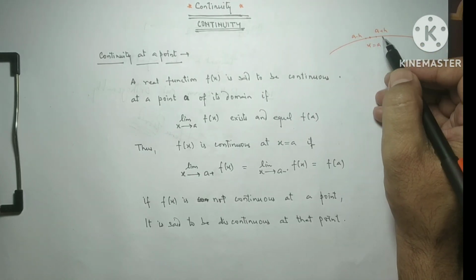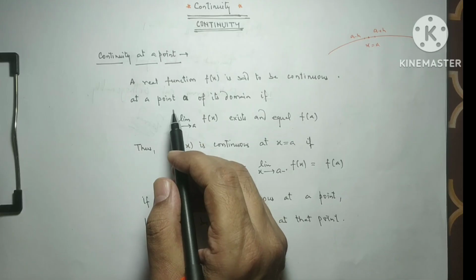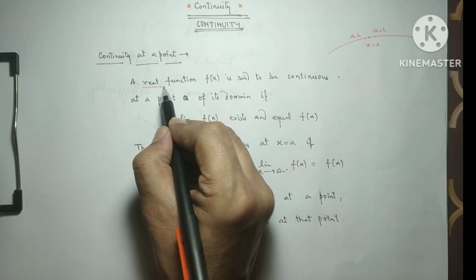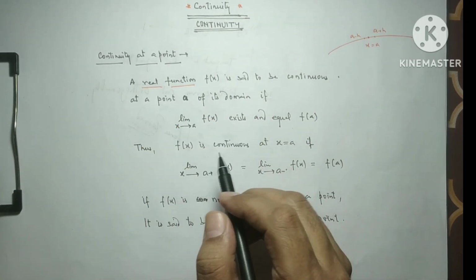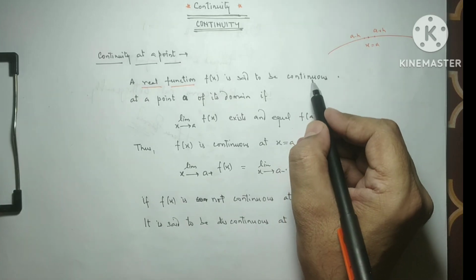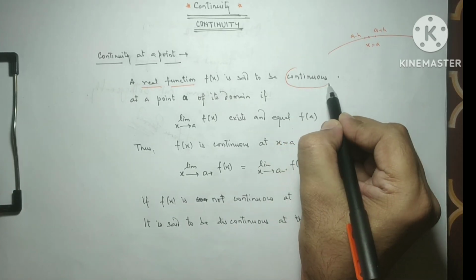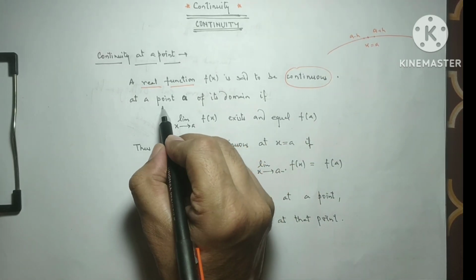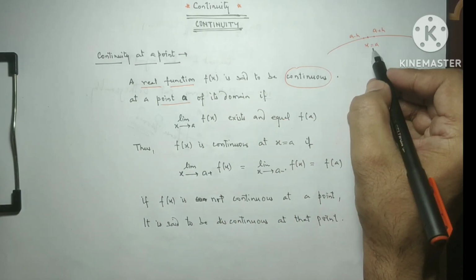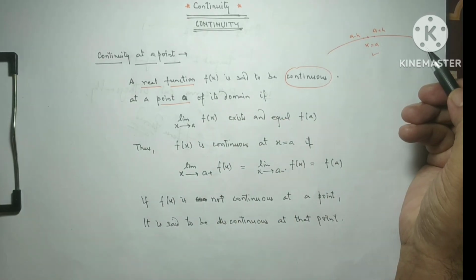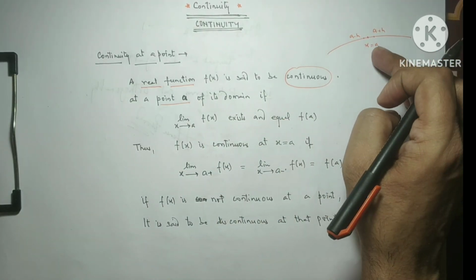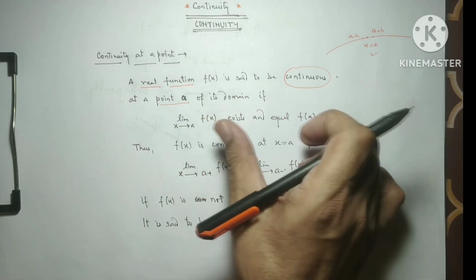If all three values are the same, just like we have a real function, it will be continuous on a given point, just like at x equals a, and this x lies in its domain, the domain of the function.